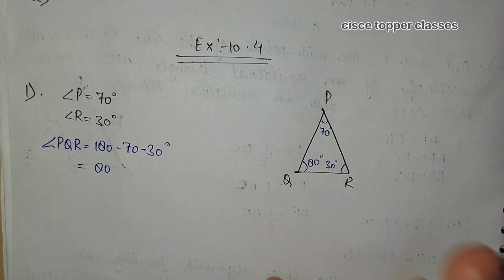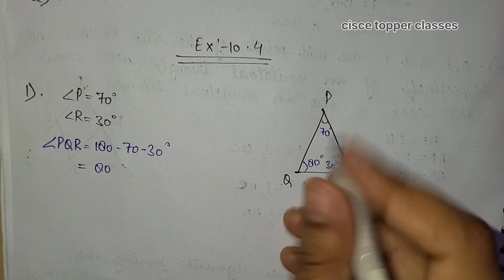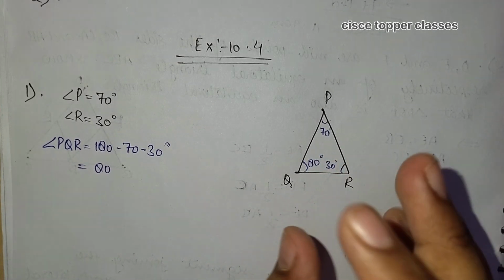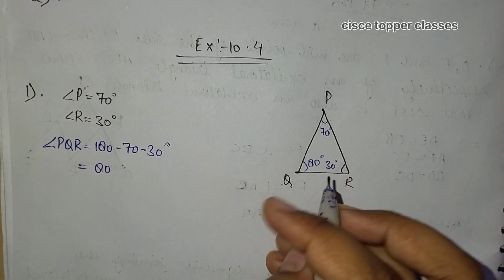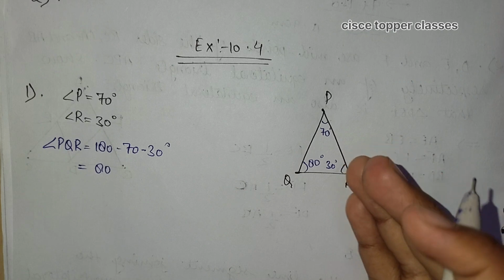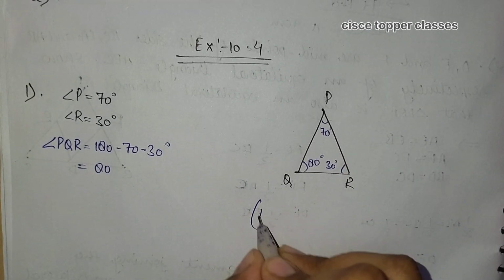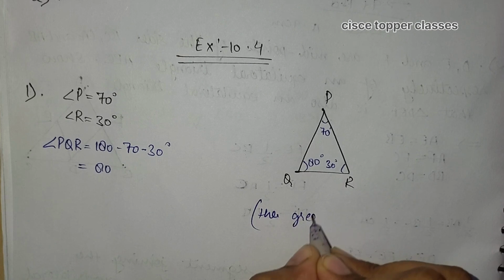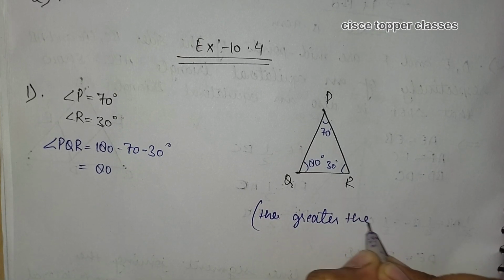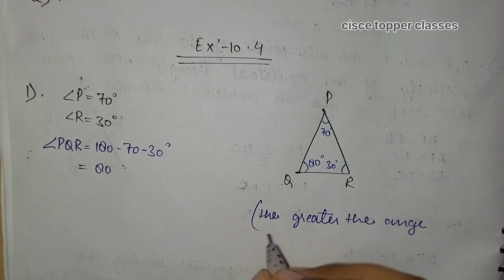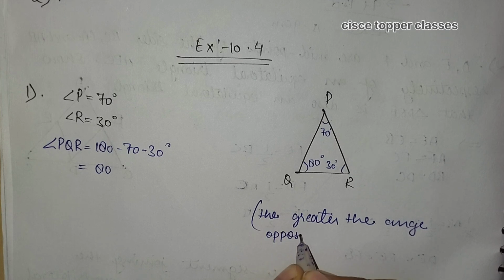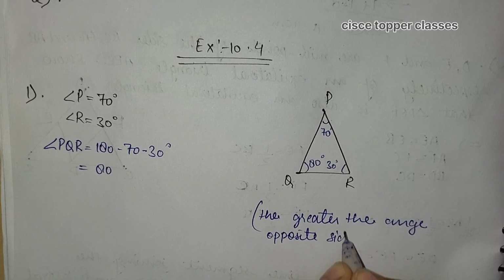And by the theorem rule, the angle which is the highest angle, the opposite side is the longest side in that triangle. Means the greater the angle, the opposite side is the longest side.